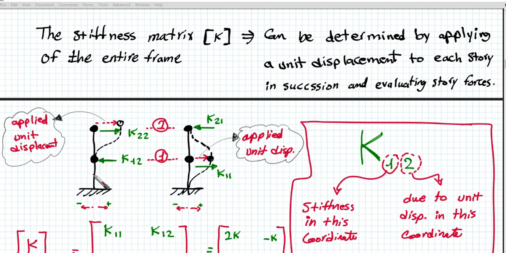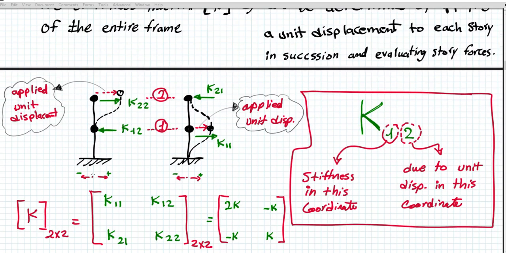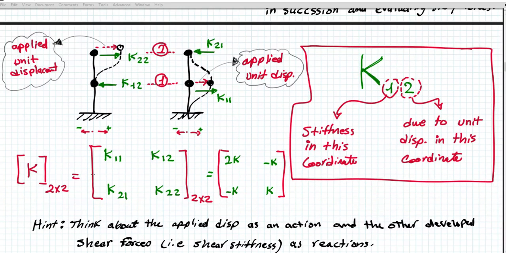Okay, I hope that you can understand what I'm saying up till now, and I hope that it goes well with you. Now this is going to give us a very good exposure to how we are going to form our stiffness matrix. First of all, we understand that the stiffness matrix is 2 by 2 because we have 2 degrees of freedom, right?